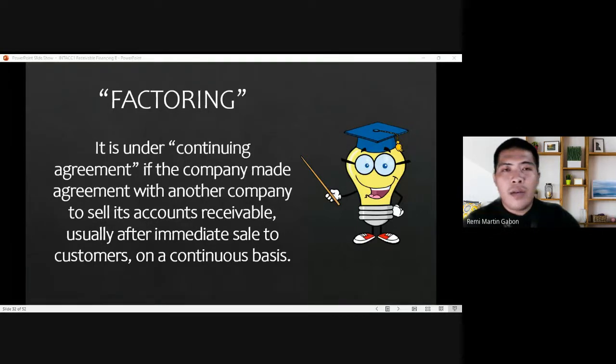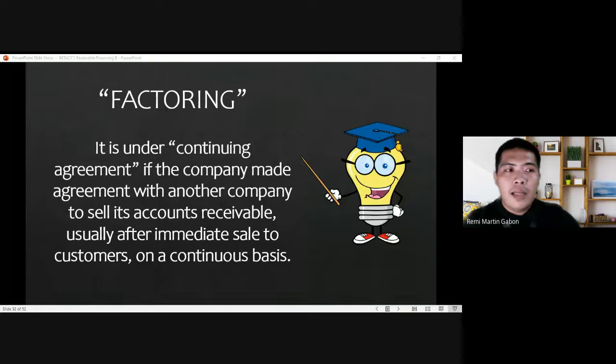It depends on how many factors I agreed to engage for the factoring. As long as every time I have accounts receivable, I will sell to those factor companies. So that's the difference between continuing agreement and casual sale.